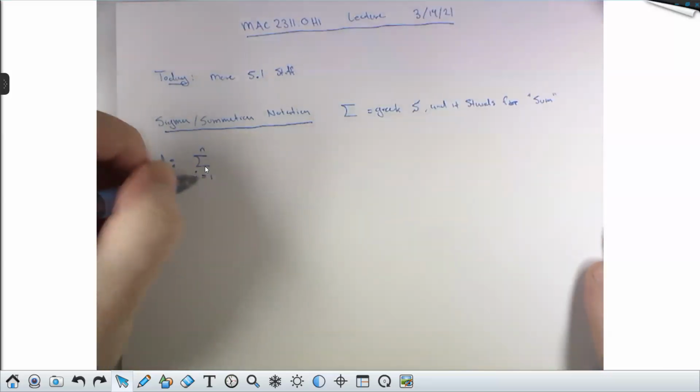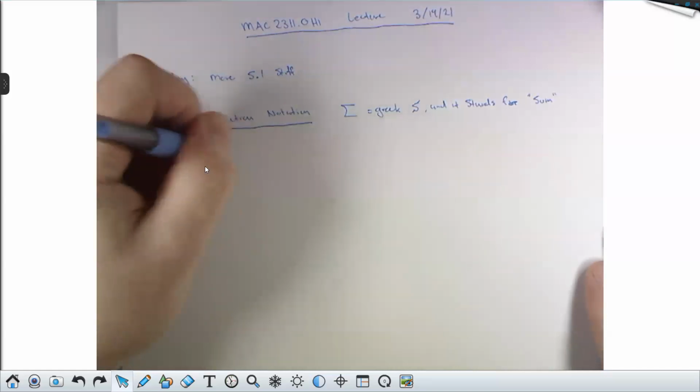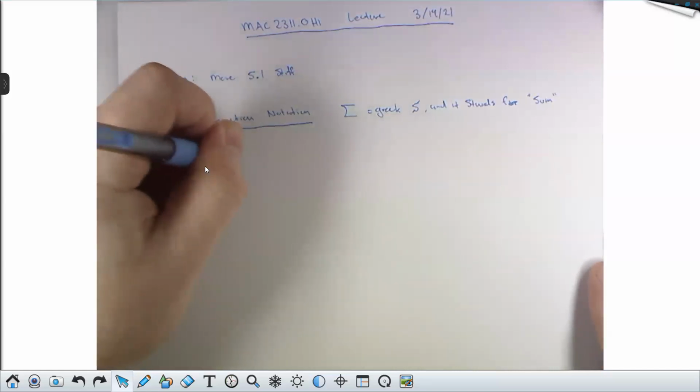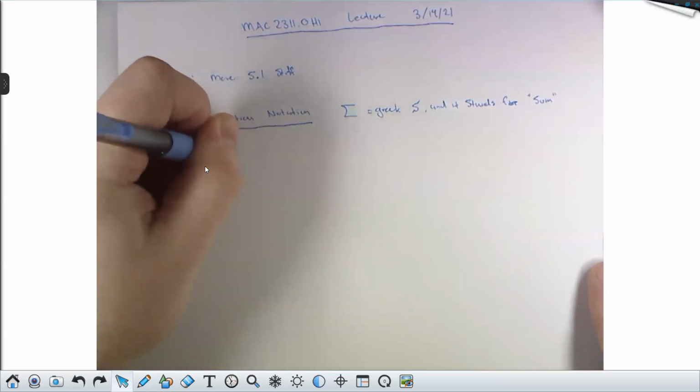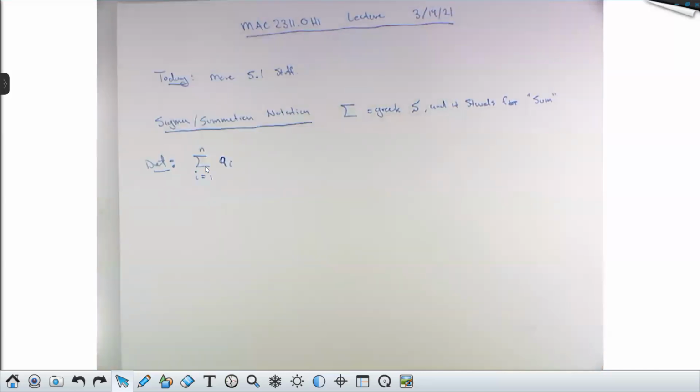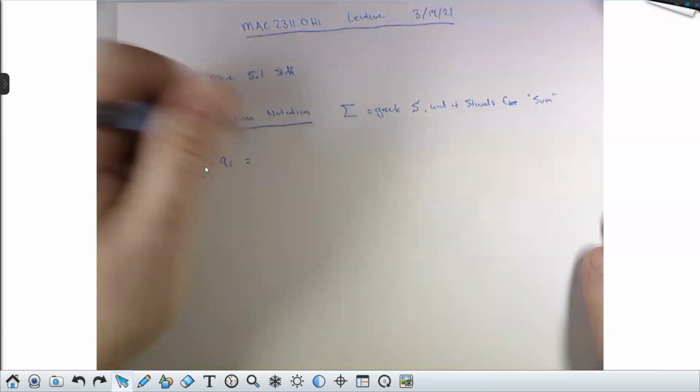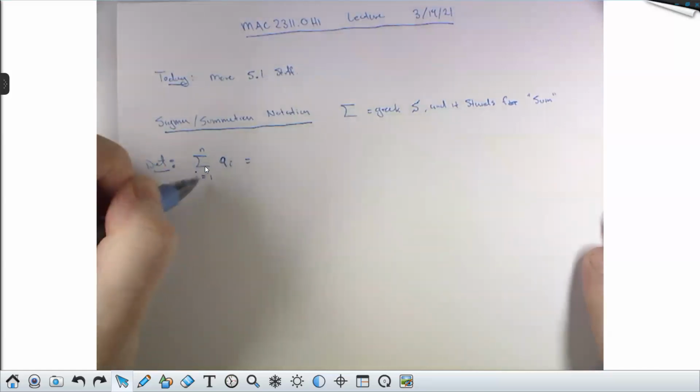So sigma i from 1 to n of some stuff, which is usually represented by a lowercase letter when we're talking about sums in general, a_i. You take this thing as i runs from this number up to whatever this number is, and you add them all up.